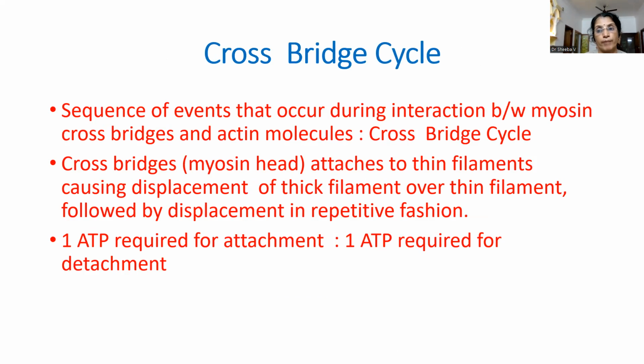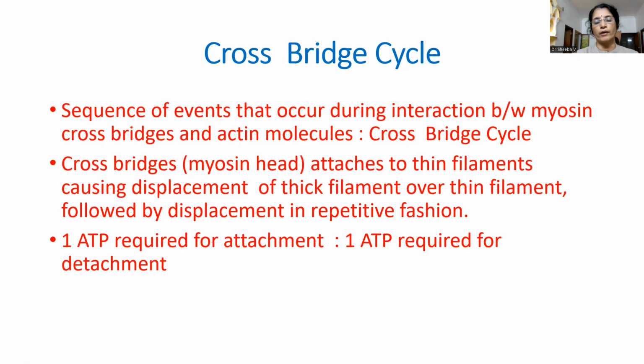For the binding of the myosin cross bridge to the active sites, first ATP binds to the myosin head and energy is released. Actually, what is the cross bridge cycle? It is the sequence of events that occur during interaction between myosin cross bridges and actin molecules.